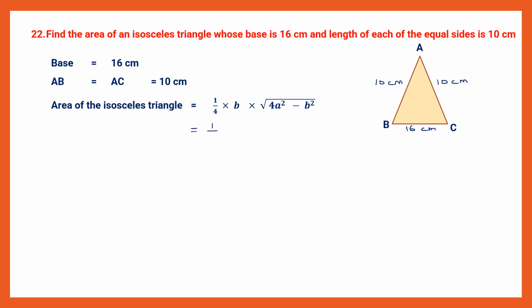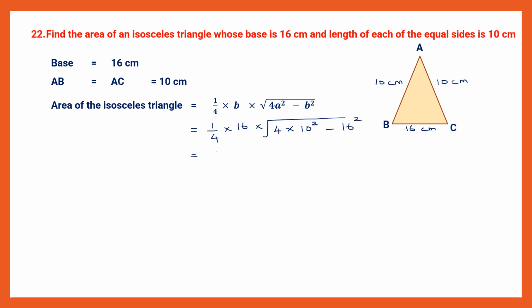So here we have 1 by 4 into the base, which is 16, into the square root of 4 into a square. A square is 10 square, minus b square, which is 16 square.